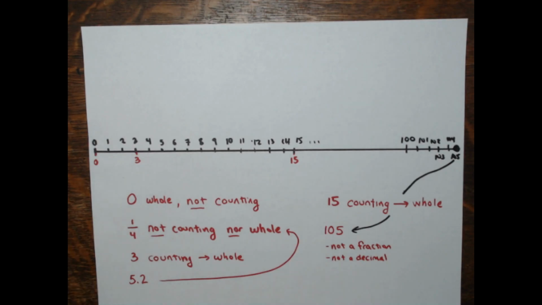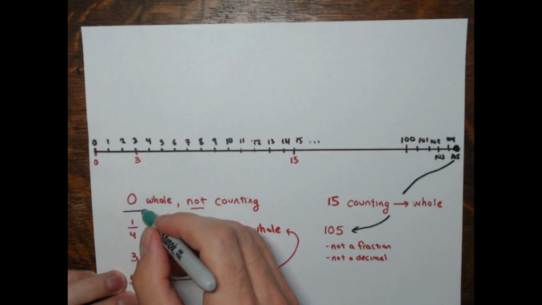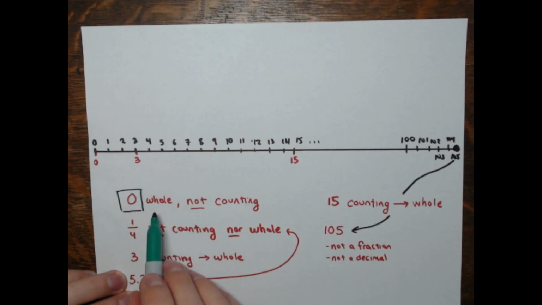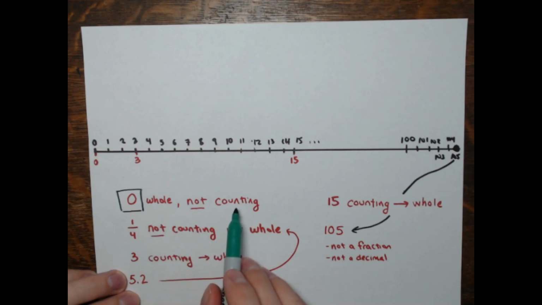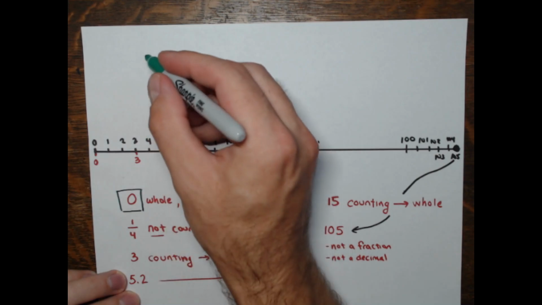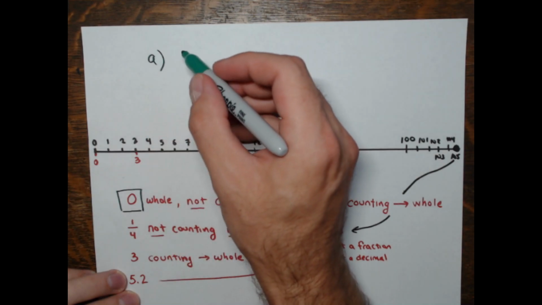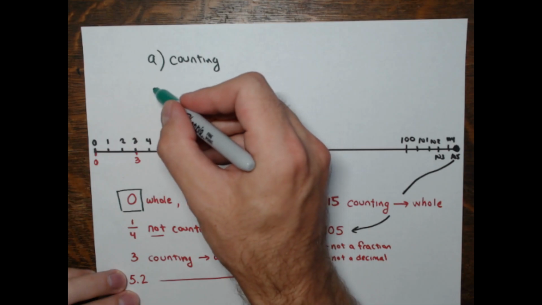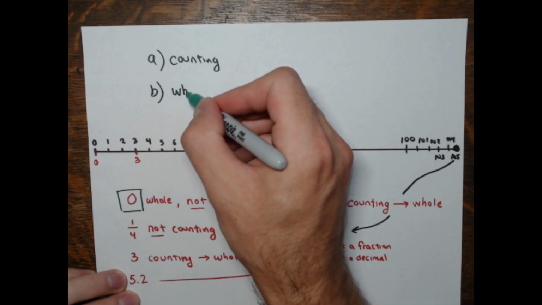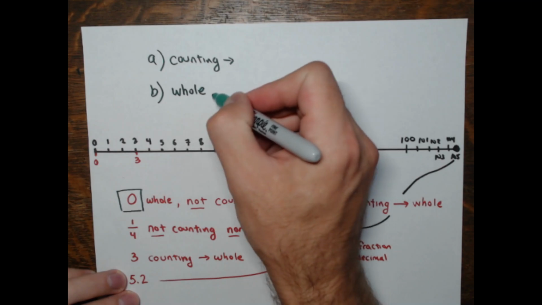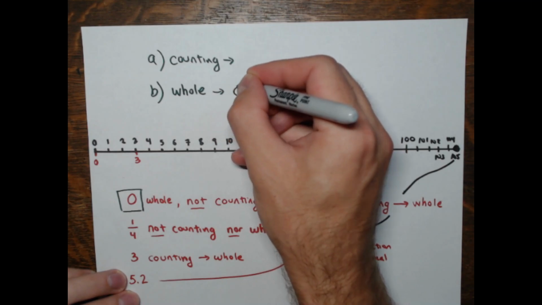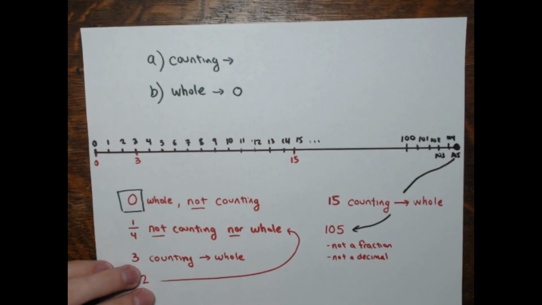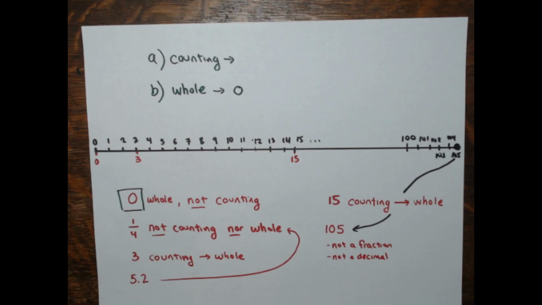All right, so the answers to example 1.1 here. 0 is whole, but not counting, right? So when I'm going part A, part A was what are the counting numbers? Part B is, what are the whole numbers? So part B has 0, right? 0 is whole, but not in part A. It's not counting.